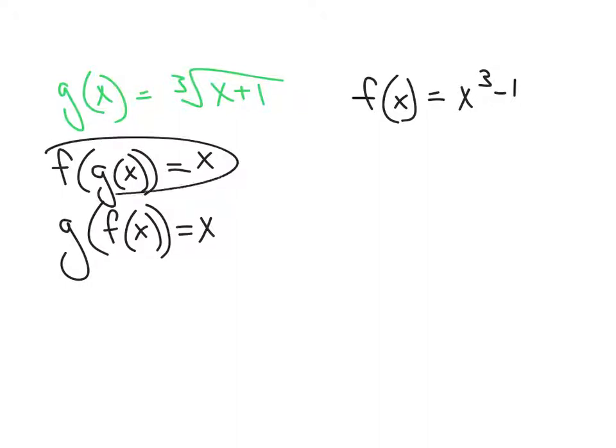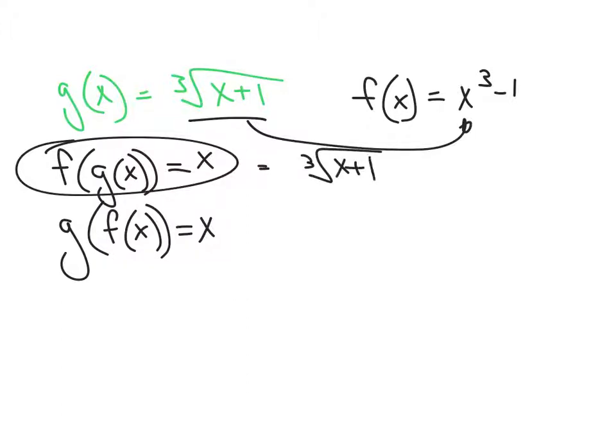So again, we take our g of x, and wherever we see an x, we're going to put that in its place. So that's going to give me the cubed root of x plus 1 cubed minus 1. Okay? And we're going to solve that.